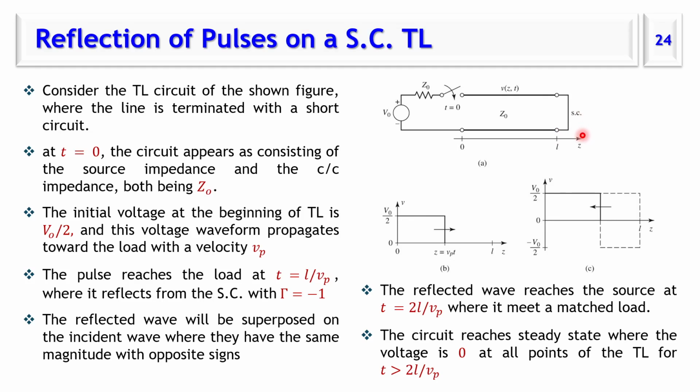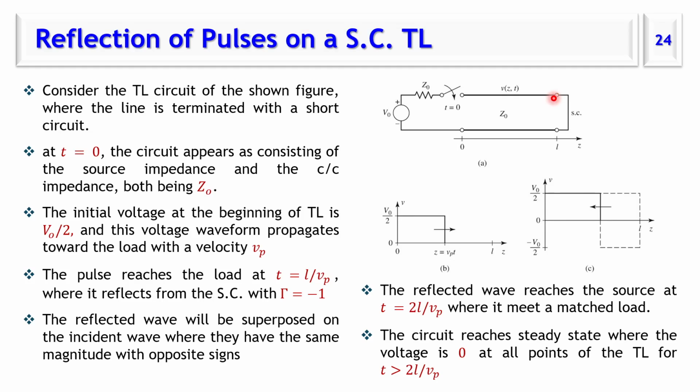At this point, we are generating a backward propagating signal with the amplitude of minus V naught over 2, because the reflection coefficient is -1, and this signal starts to propagate. So a little bit before reaching the load, the potential here was V naught over 2. After reaching the load, there is a reflection of minus V naught over 2.